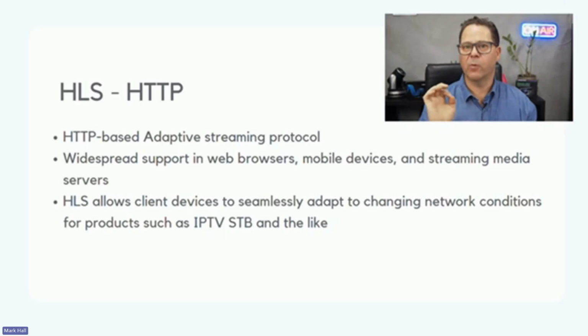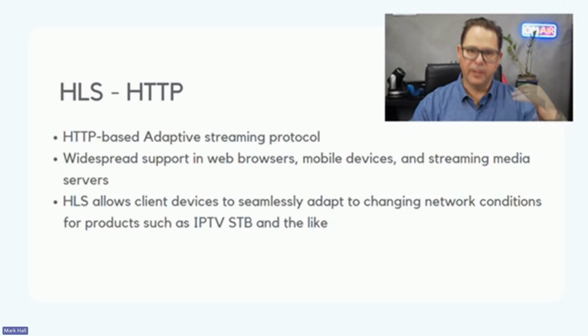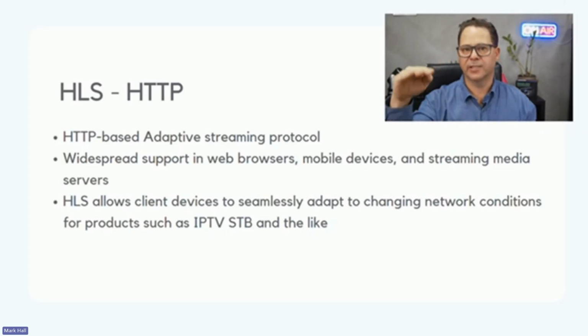And that M3U8 is a header file, and the devices actually use that, and it's like an adaptive bit rate. So you'll often see that when you turn things on with Netflix with a bad connection, it will start off looking pretty crappy, but then as things stabilize or there's more bandwidth available, it will jump to another tier of quality.